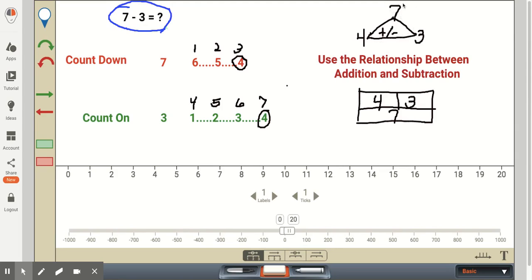I'm using this triangle for addition and subtraction facts, or looking at this part-whole, same type of thing. Students faced with the problem of 7 minus 3 know that it is equal to 4 because they've mastered their addition facts and know that 4 plus 3 equals 7.